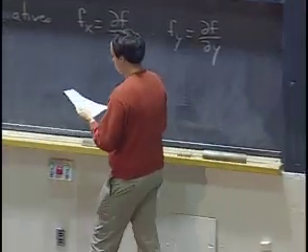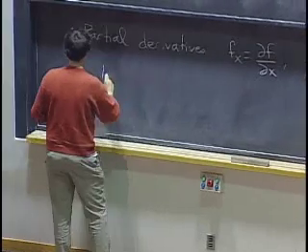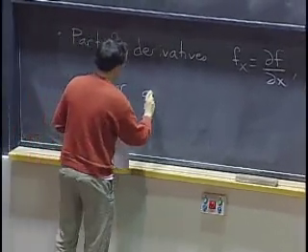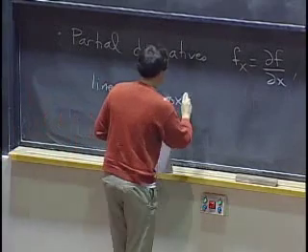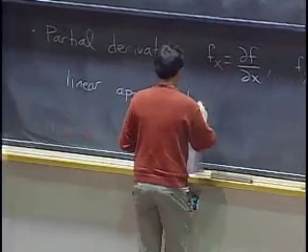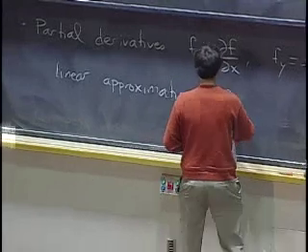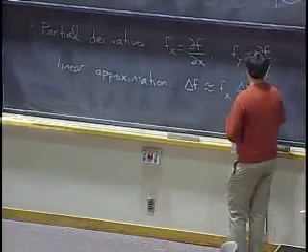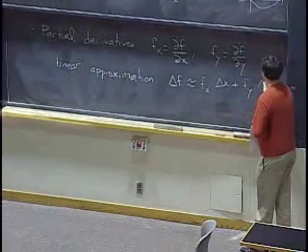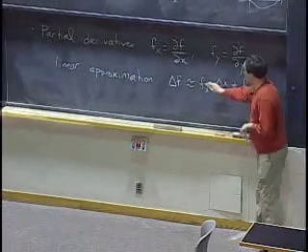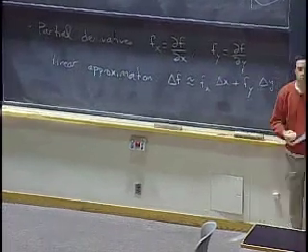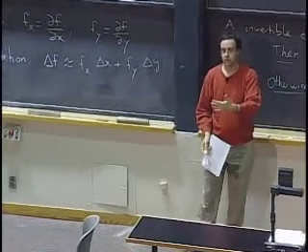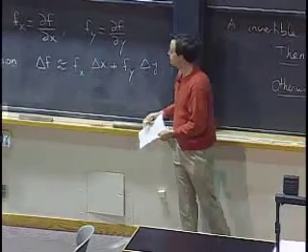And so we've seen how to use that in various places, but for example, for linear approximation, we've seen that the change in f is approximately equal to f sub x times the change in x plus f sub y times the change in y. So you can think of f sub x and f sub y as telling you how sensitive the value of f is to changes in x and y.